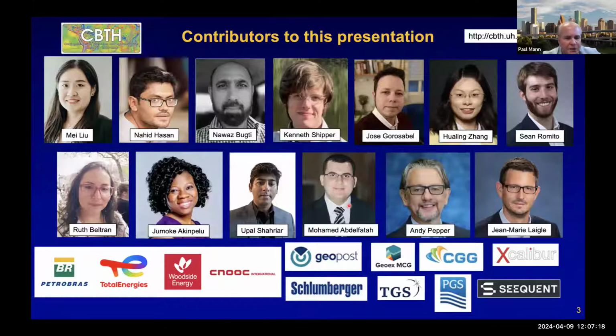I'd also like to thank our sponsors down in the bottom left who provide our support for the project. And I'd especially like to thank our data providers shown here on the bottom right, whose data we develop and use. A special thanks to Andy Pepper and Jean-Marie Legel. I'll be talking about their Excalibur Basin Modeling Program a little bit later.